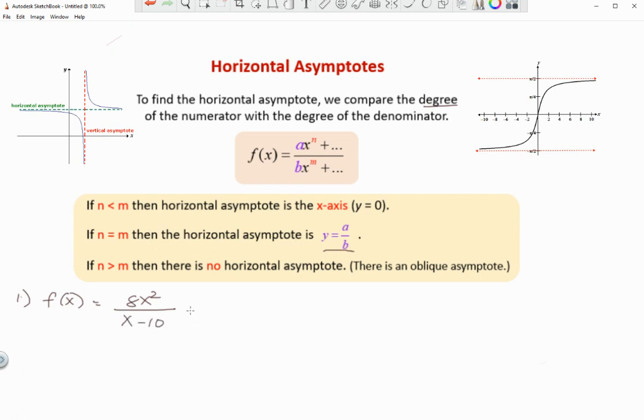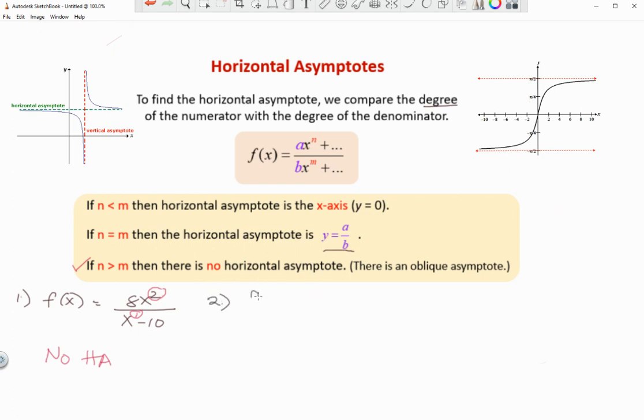Let's circle the degree in the numerator. We only have one term, so that's going to be a 2, and this one right here is just a 1, right? So 2 is greater than 1. Those are the degrees, so therefore we will have case number 3. In this case, you will say no horizontal asymptote. All right, next one.